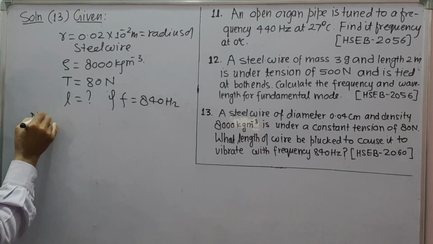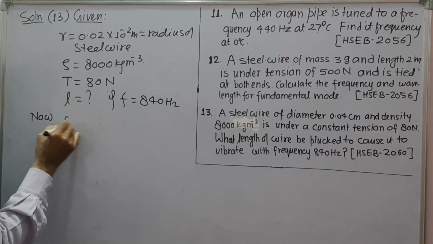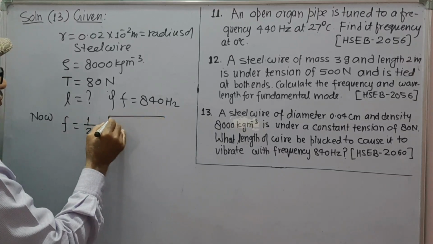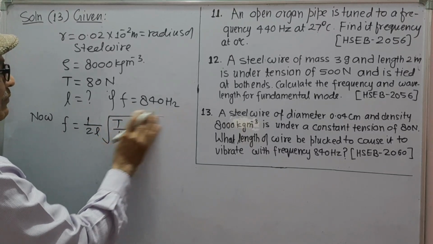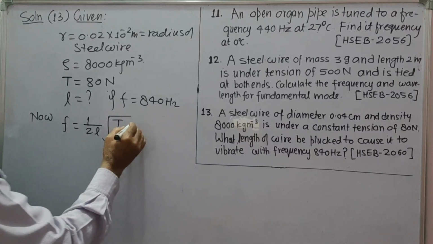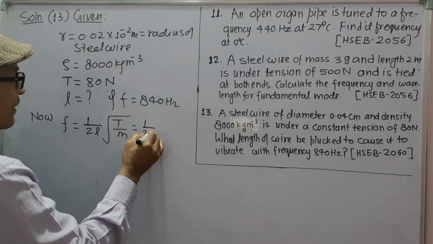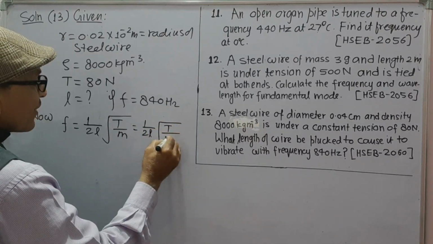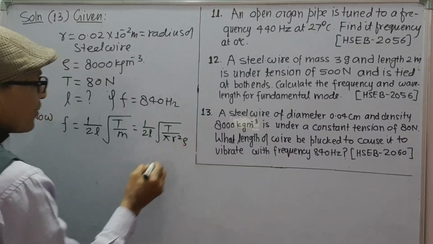Now, F is equal to 1 upon 2L under root T by M, which is 1 upon 2L under root T by pi r square into rho.